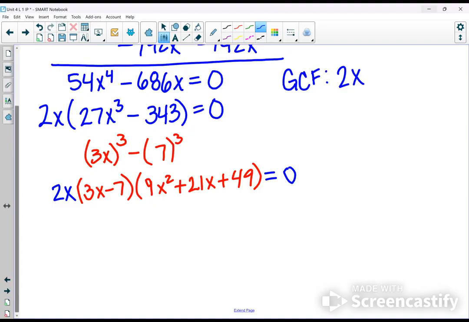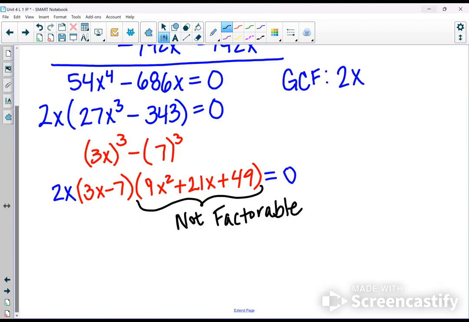Now here's the thing. Anytime you apply a sum or a difference of cubes formula, the quadratic that results is not factorable. So we have to use our other strategies for solving quadratics to solve that factor of the polynomial. The good thing is we did just cover a unit on solving quadratic functions, so hopefully we remember how to do that.